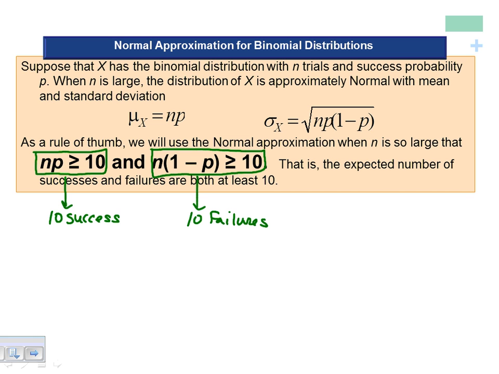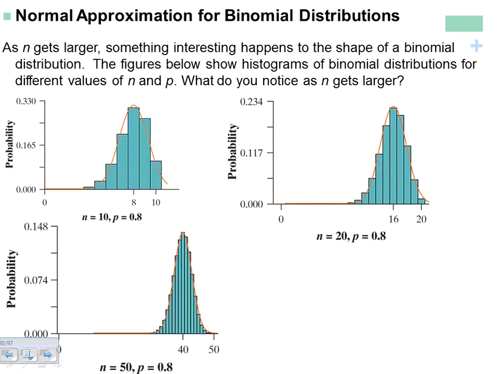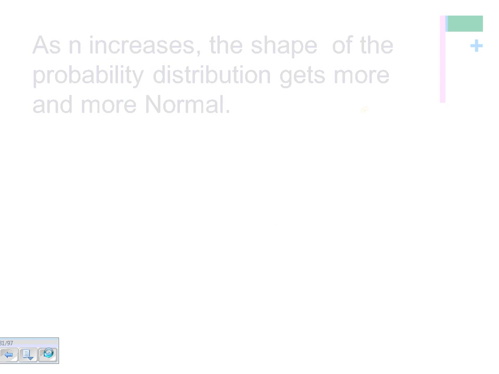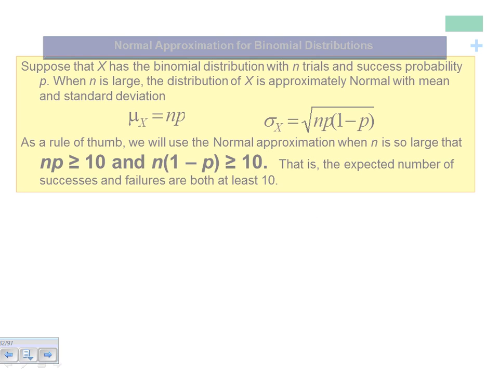I have at least that many. So 10 successes or more, 10 failures or more, and then I can say that the shape is normal enough that I'm going to approximate it with a binomial distribution. Okay?